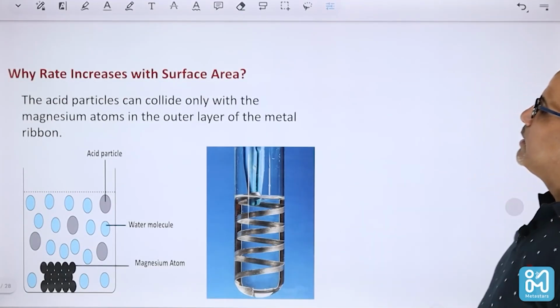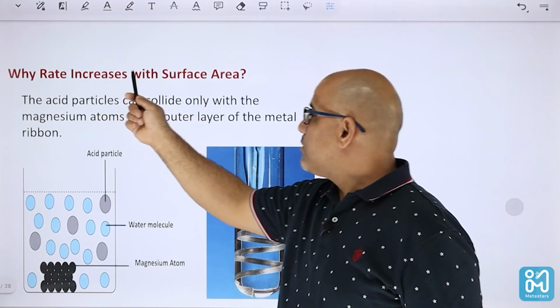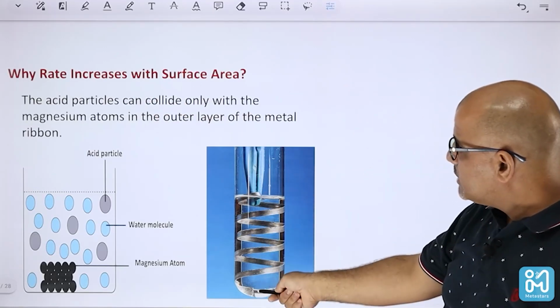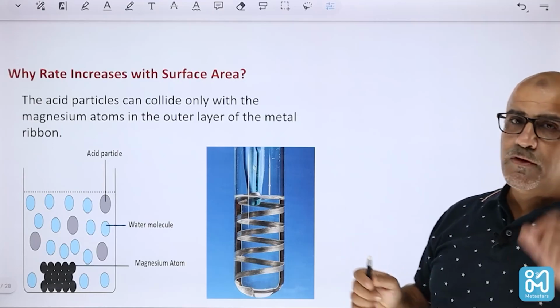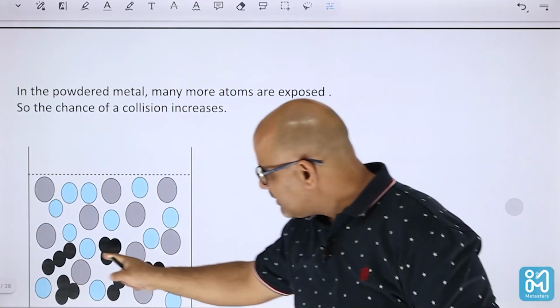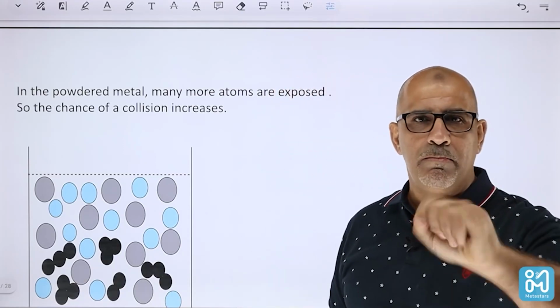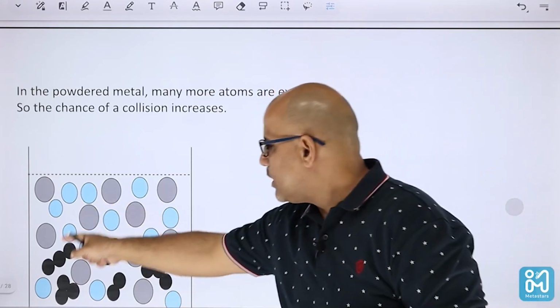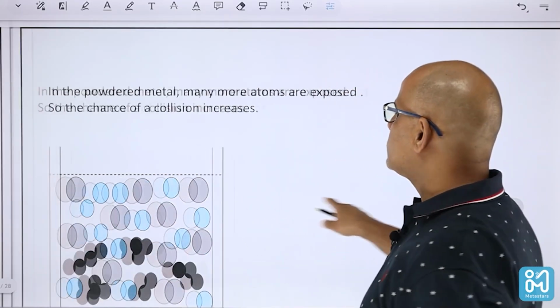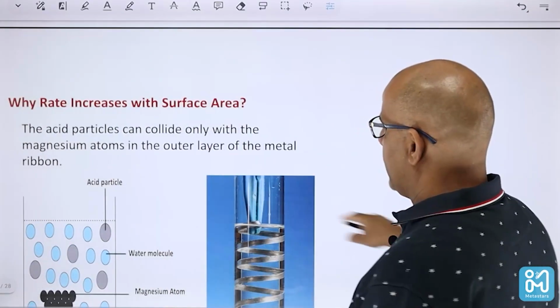Why does the rate increase with the surface area? Here we use a magnesium ribbon. If you increase the surface area by decreasing the particle size and make magnesium powder, there is a higher chance for successful collisions, and this will increase the rate.